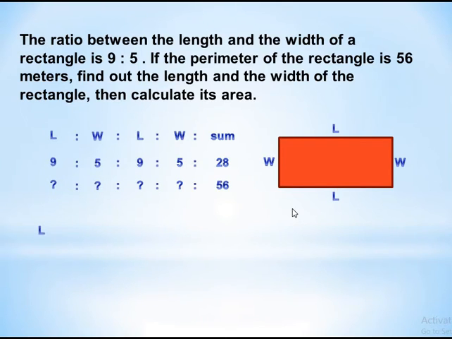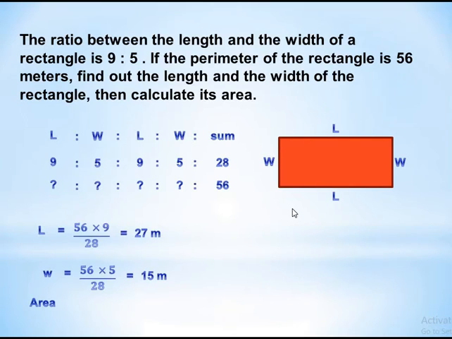Then the length equals 56 by 9 over 28, which equals 27 meters, and the width equals 56 by 5 over 28. It will be 15 meters.